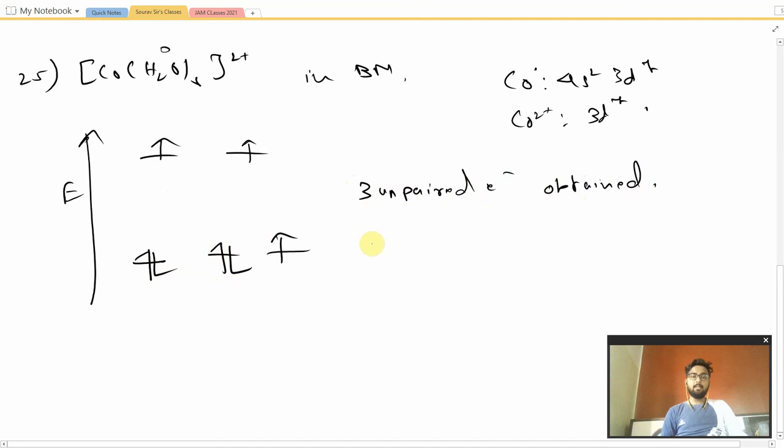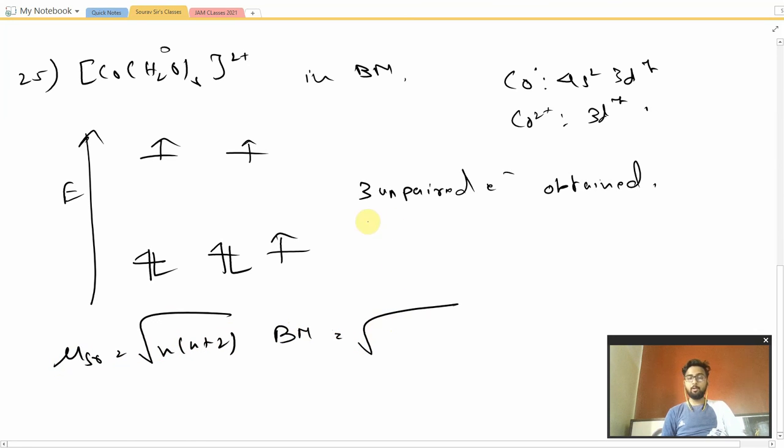Now you have to put the value in the formula for the spin only magnetic moment, that is mu SO is equal to root over n into n plus 2 Bohr magneton. We put the value of n equal to 3, as we have got 3 unpaired electrons.